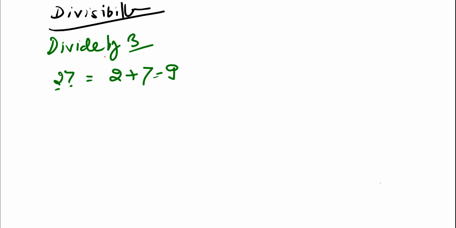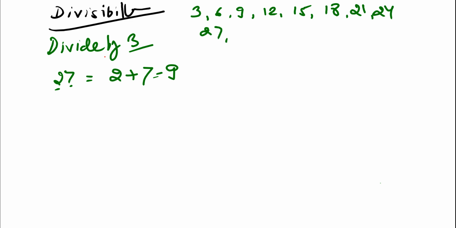Suppose 27. We have 2 plus 7, equal to 9. And this 9 is coming in the table of 3. Let's put the table of 3 here: 3, 6, 9, 12, 15, 18, 21, 24, 27 and 30. So this 27 is divisible by 3.